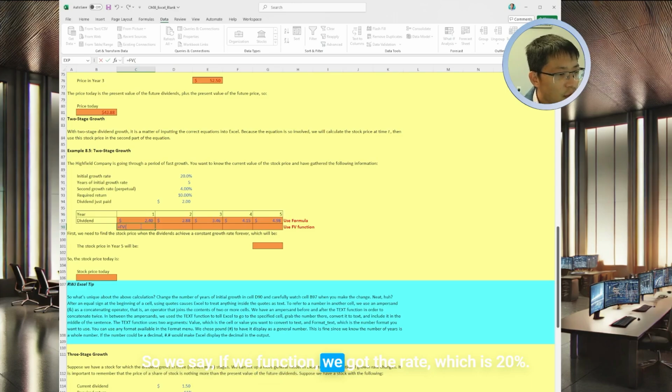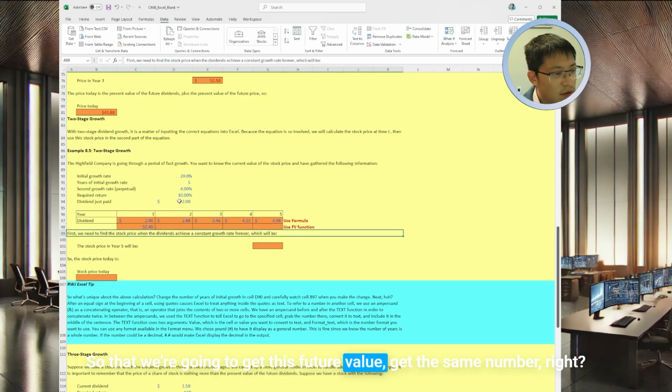In this function, we got the rate, which is 20% per period, and we get this future value, and the same number.